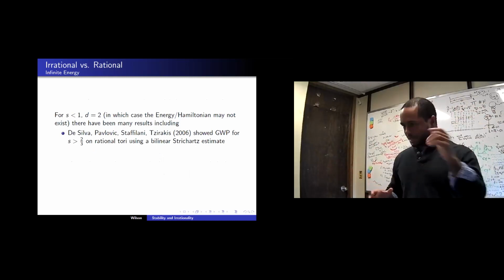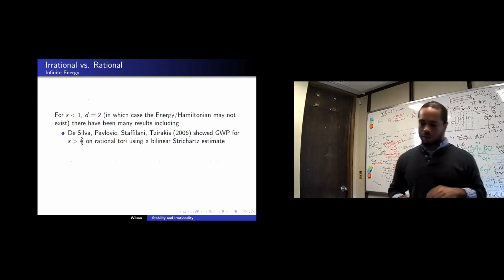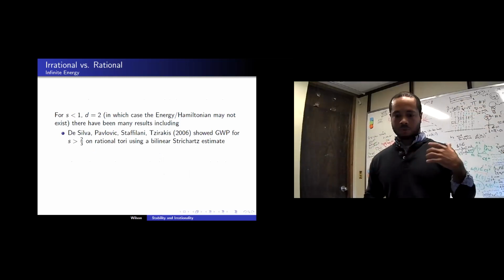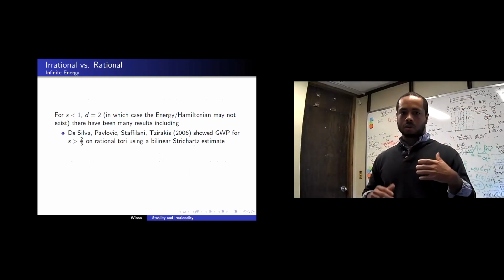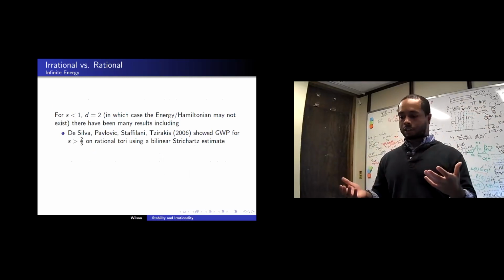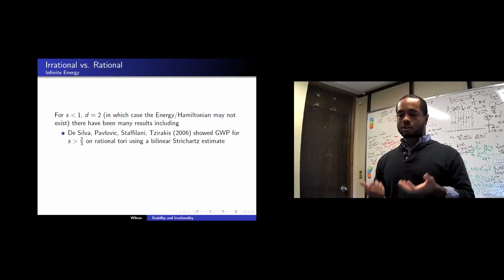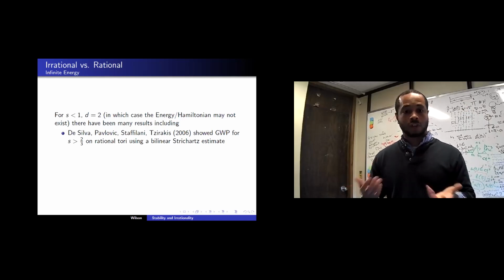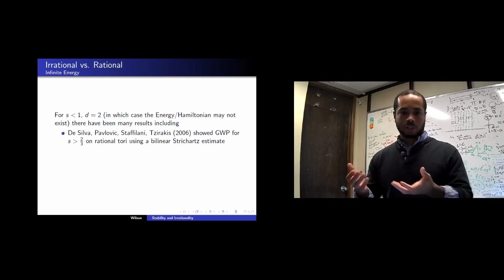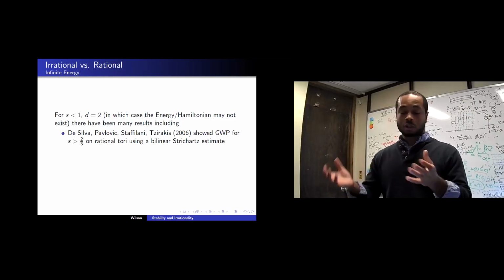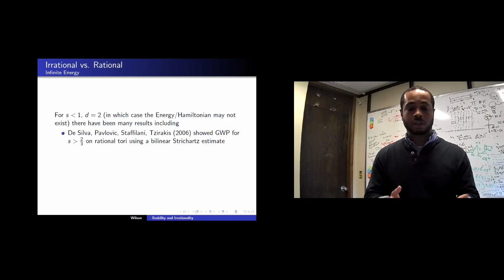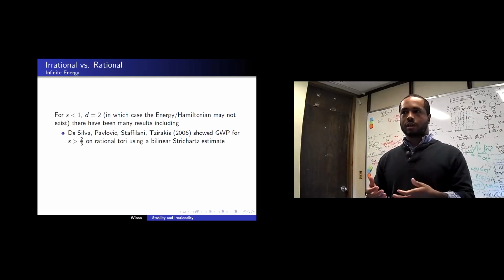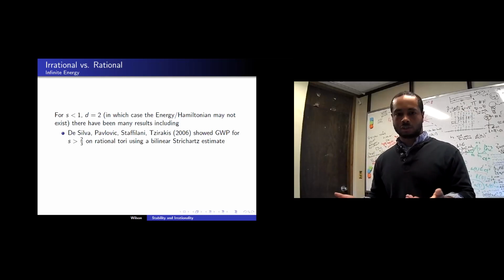When I got to MIT, I was speaking with Gigliola about the case of what they call infinite energy. Okay, and this is the case where you have a nonlinear Schrodinger equation, but your phase space requires so little regularity that the typical Hamiltonian that you define, which corresponds to your equation, is not necessarily a bounded function on phase space.